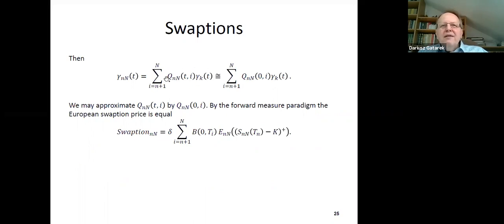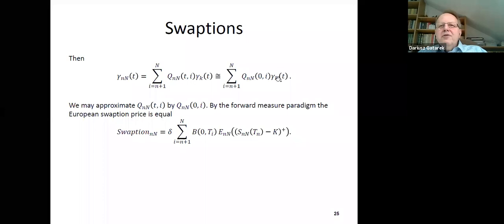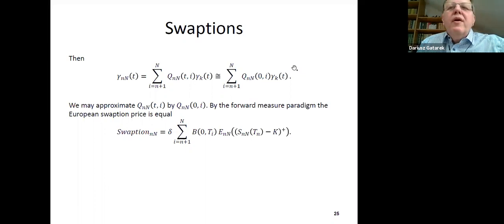And they are linearly linked. And I make an ugly assumption from a mathematical point of view, but from a practical point of view, quite useful. This is called freezing at maturity. So I replace stochastic processes, which actually the Q's are, by a deterministic component.